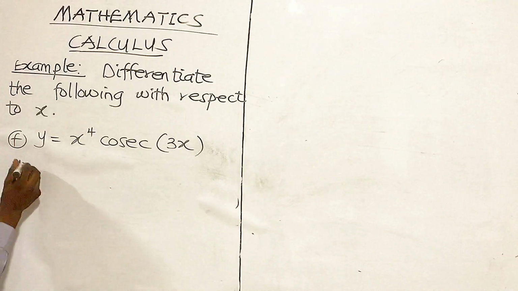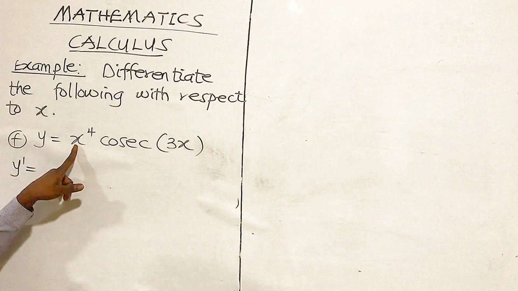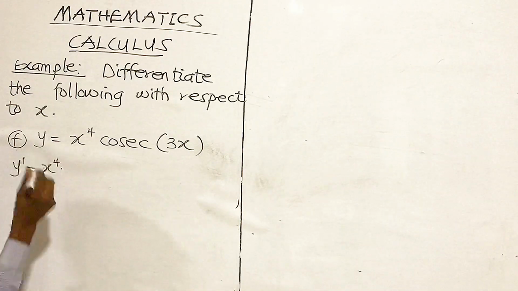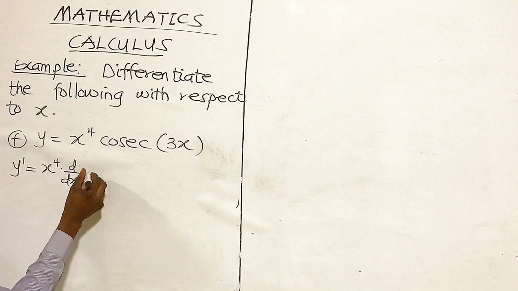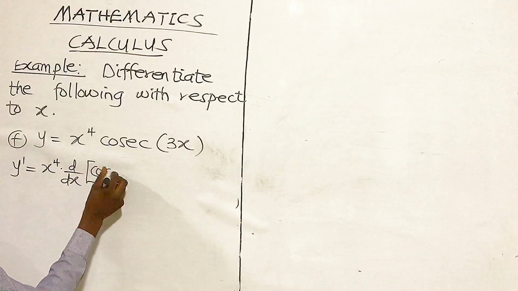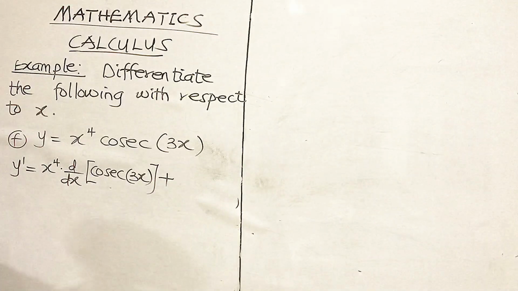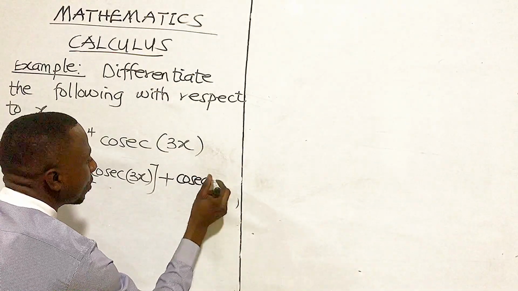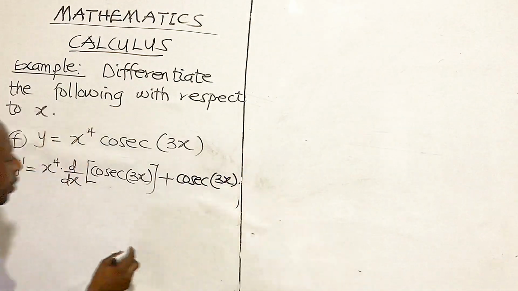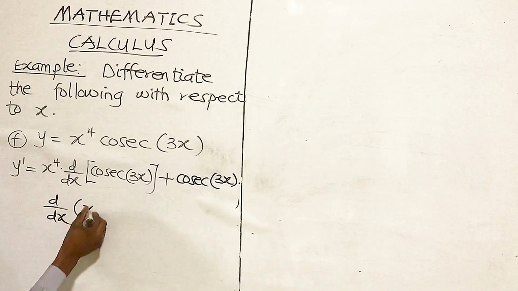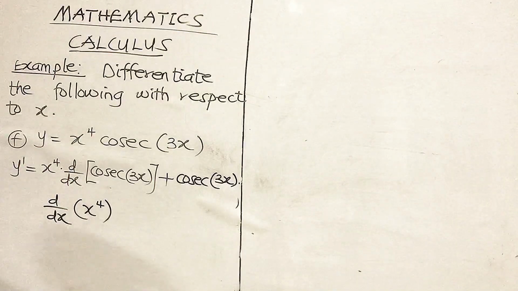So we have y prime equal to, I'll first maintain x power 4 multiplying the differential of cosec 3x, plus, then I will maintain cosec 3x multiplying the differential of x power 4. So this will be the first step.